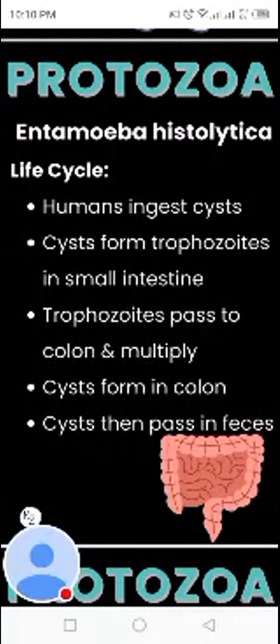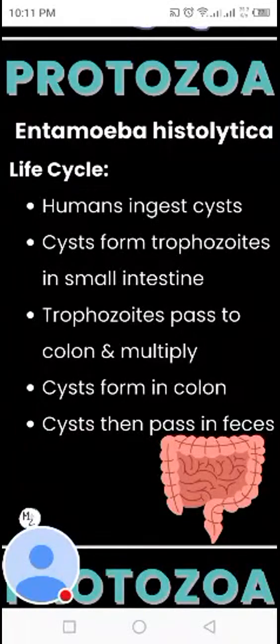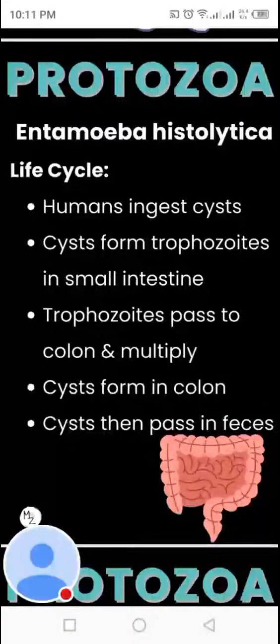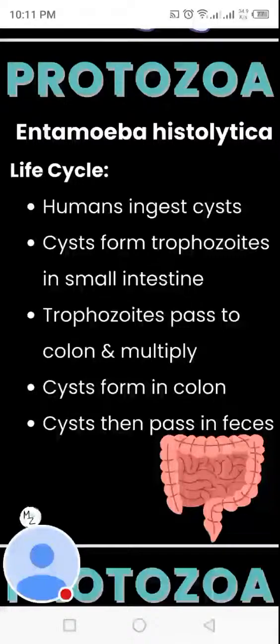That is about the life cycle of Entamoeba histolytica. As I mentioned a bit earlier, every parasite has two stages during its life cycle. One is the infective stage, that is the trophozoite in the case of Entamoeba histolytica, and the second is the diagnostic stage, that is the cyst. So see the life cycle like a story. The life cycle of amoebiasis, the disease caused by Entamoeba histolytica, starts with cysts being ingested by humans.